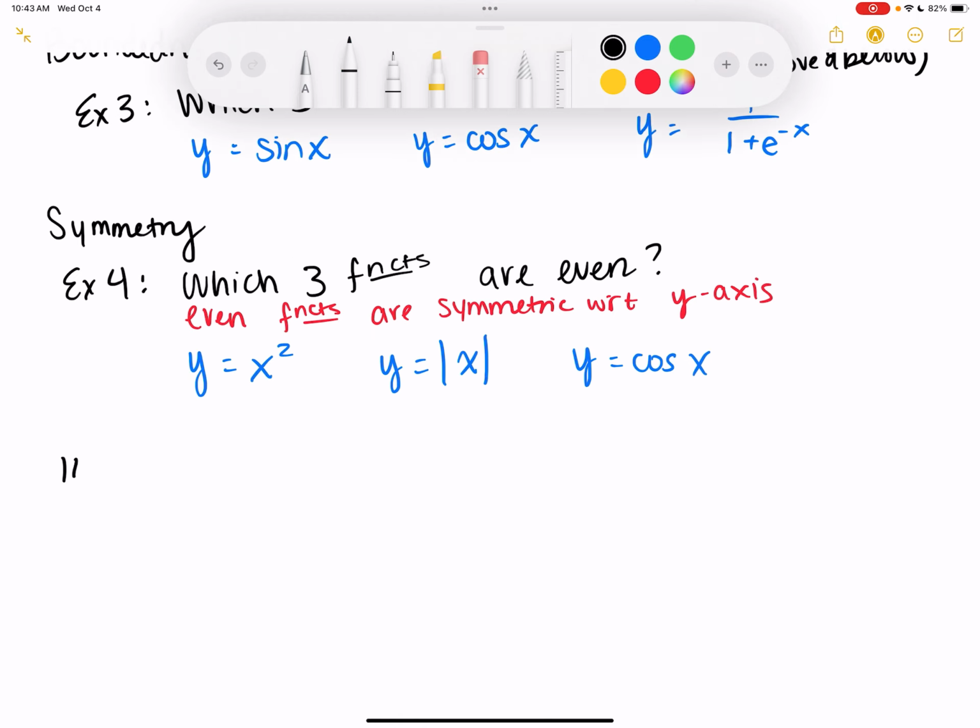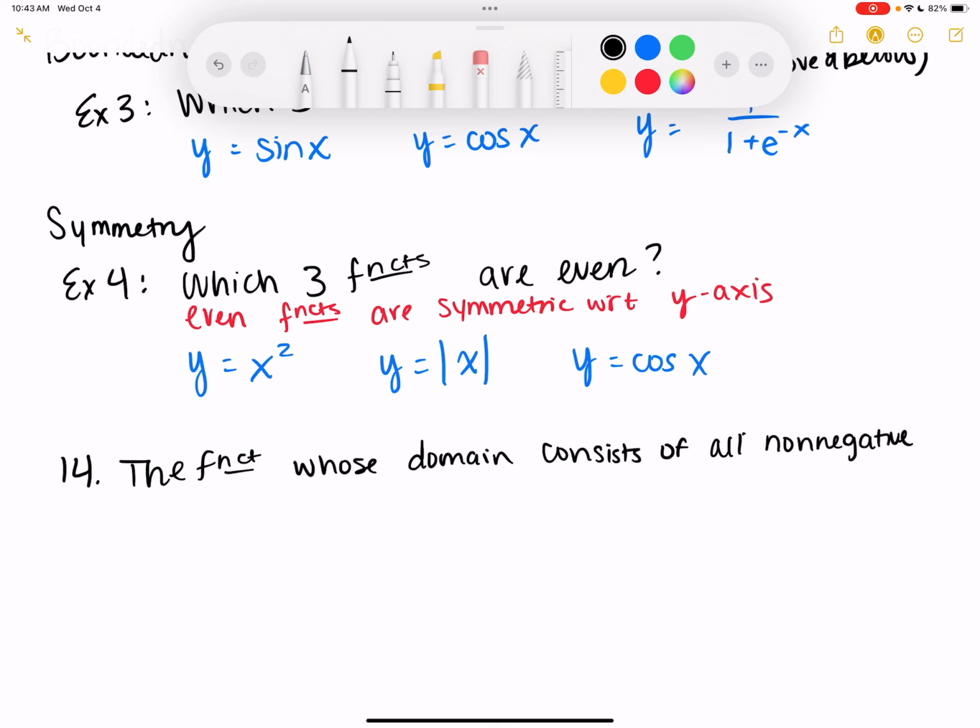So 14, we have the function whose domain consists of all non-negative real numbers.